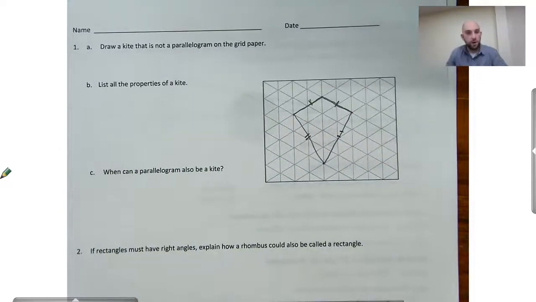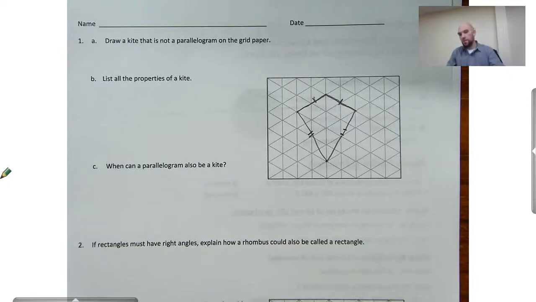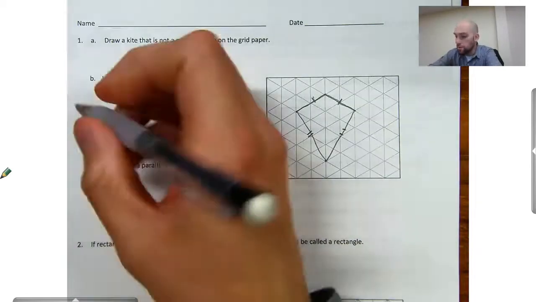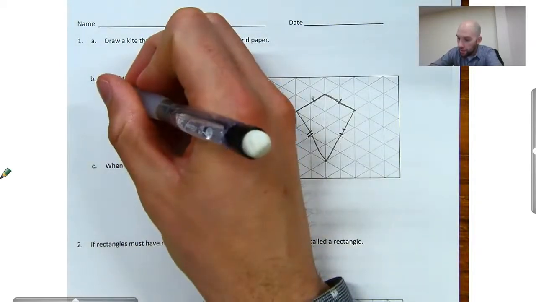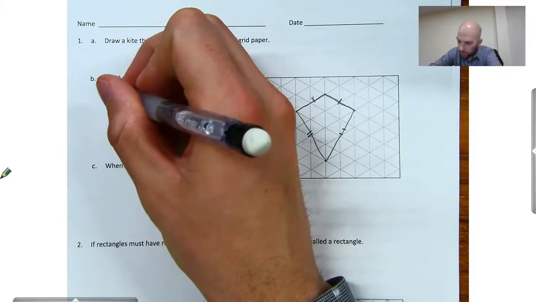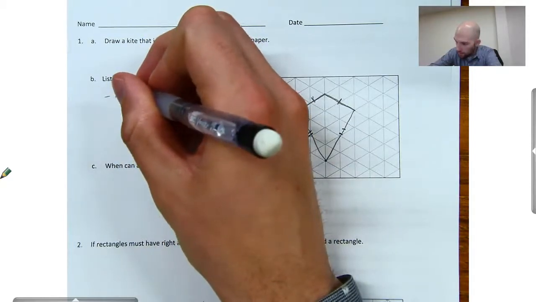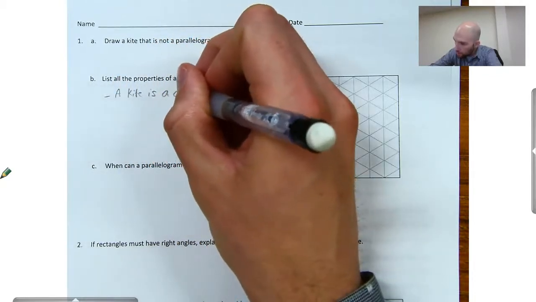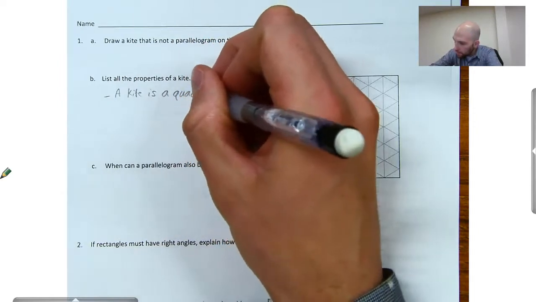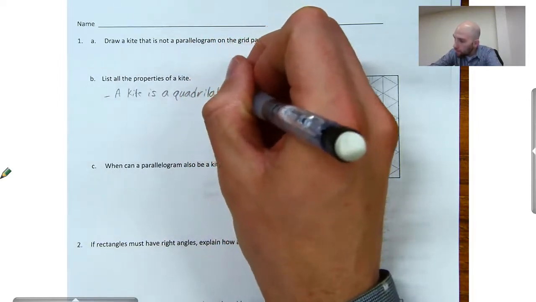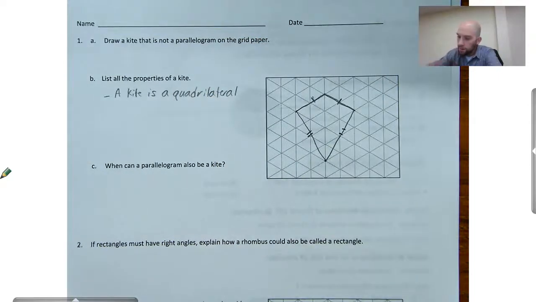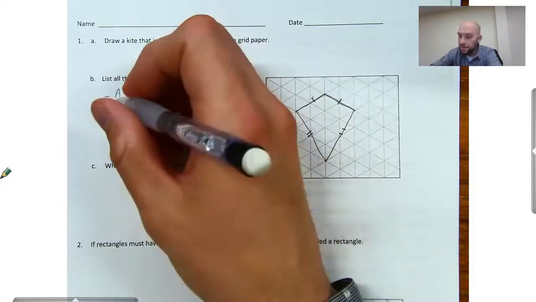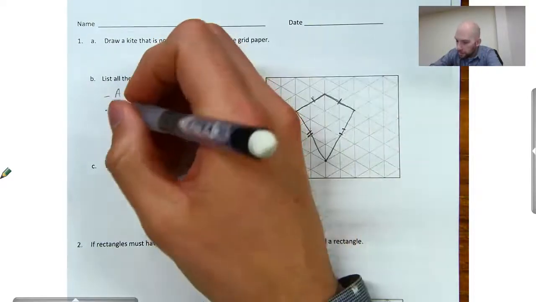So next it's asking us to list all the properties of a kite. There's a lot of properties that we could list, but I'm going to just list the defining properties. First, the kite needs to be a quadrilateral. So a kite is a quadrilateral. It must have 4 sides. And as mentioned, it needs to have 2 consecutive sides of equal length.